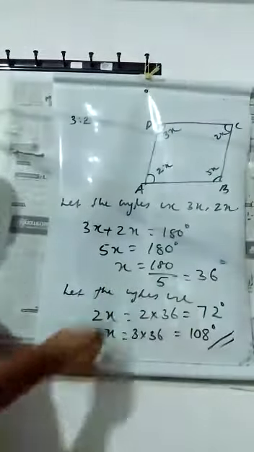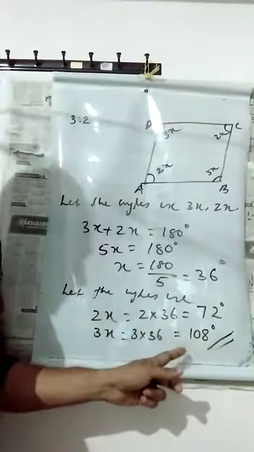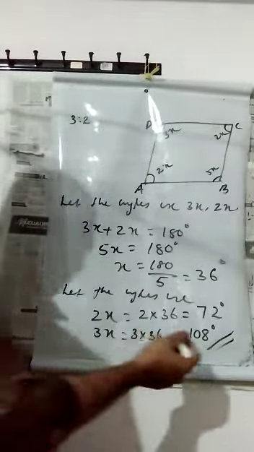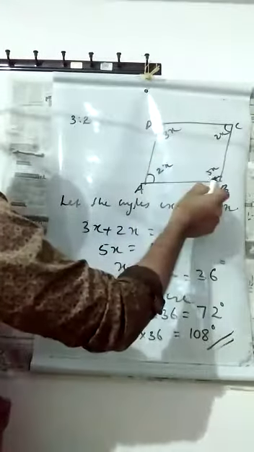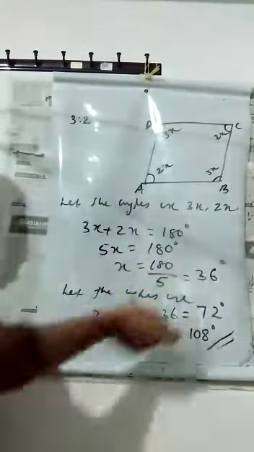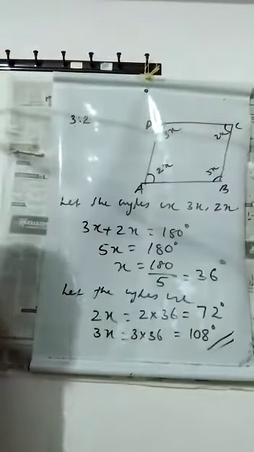So 72 degrees and 108 degrees. Here this is 108 and the opposite angle is also 108, and this is 72 and the opposite angle is also 72.